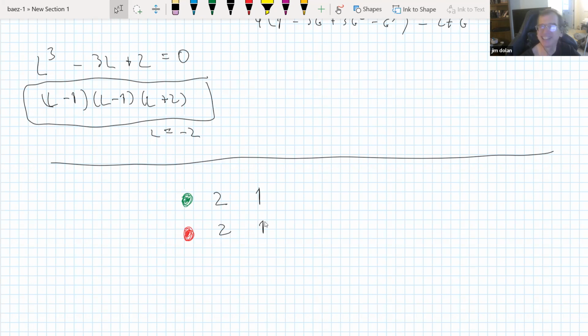It has something to do with this branched cover we're imagining, where we can look at the points over 0 and 1.